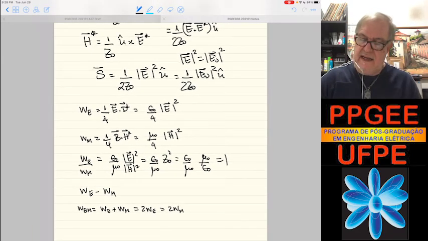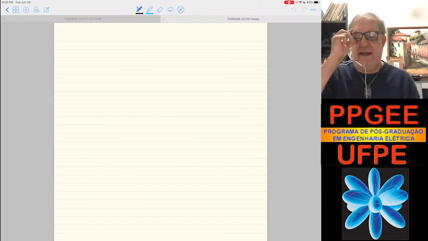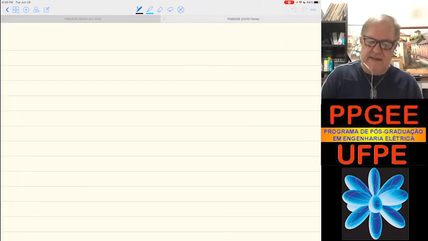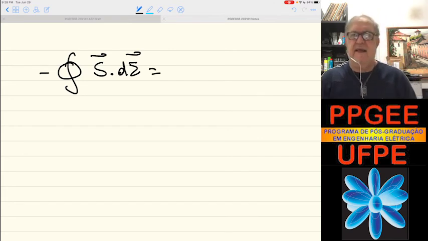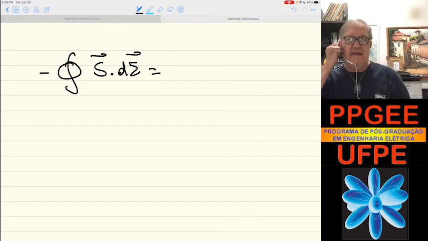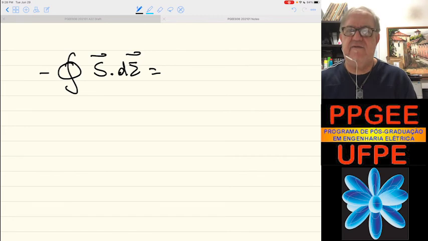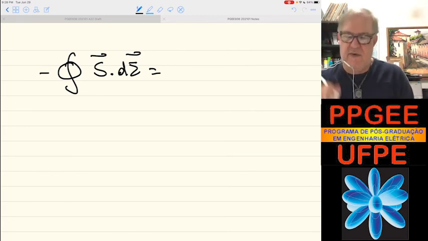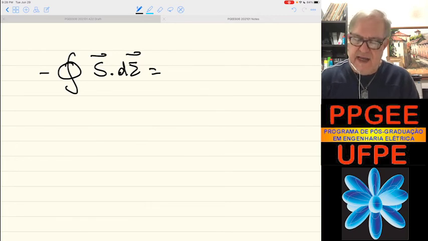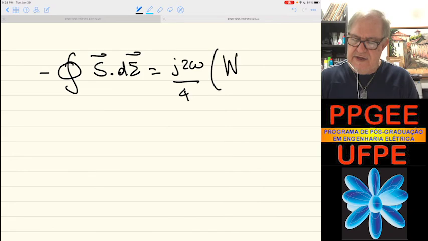So you see that when you calculate the Poynting vector, let's just make a parenthesis here. If I calculate the flux of S inwards a volume, the first term is J conjugate dot E, and J equals 0. The second is j 2 omega over 4 times electrical energy minus magnetic energy.